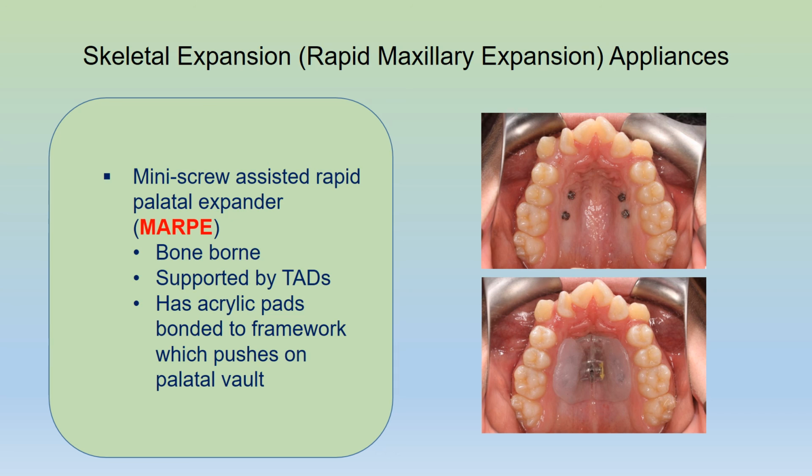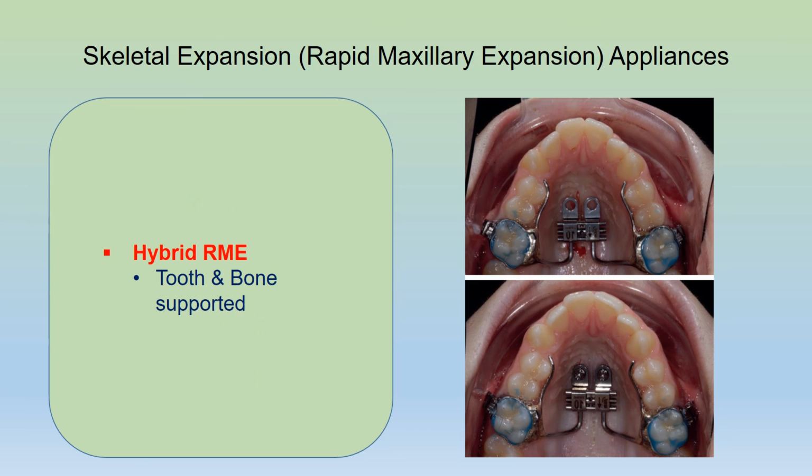It is supported by temporary anchorage devices, TADs, or the other term is mini screws. As you can see on this diagram, these are the mini screws that have been placed on the maxillary vault. It has acrylic pads bonded to the framework which will push against the palatal vault.